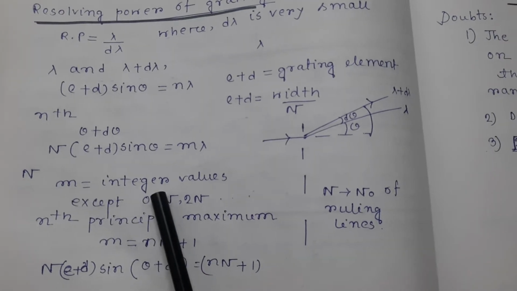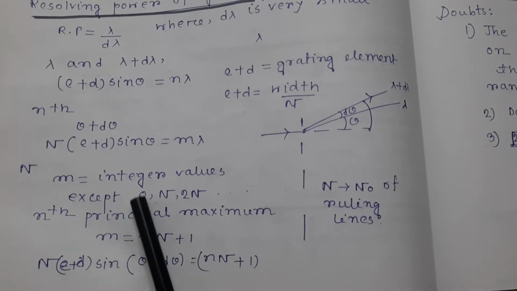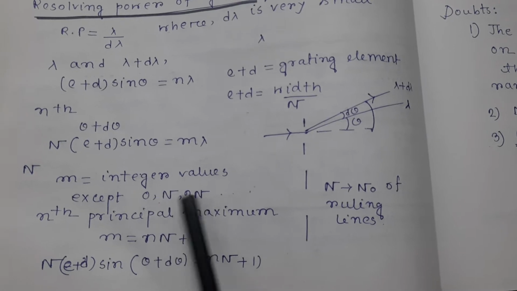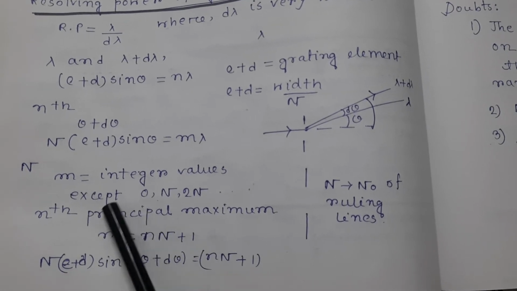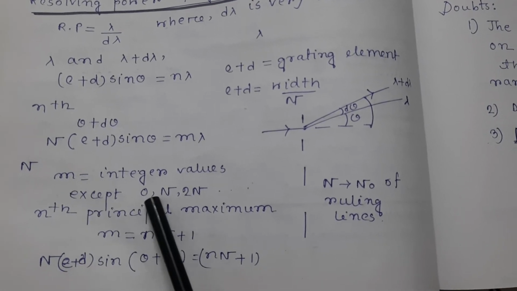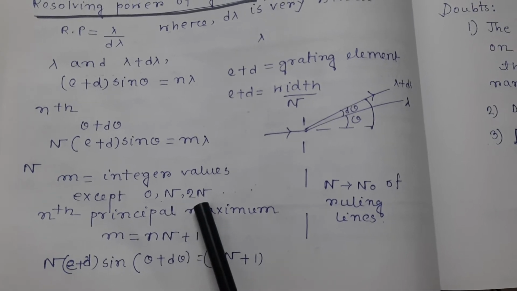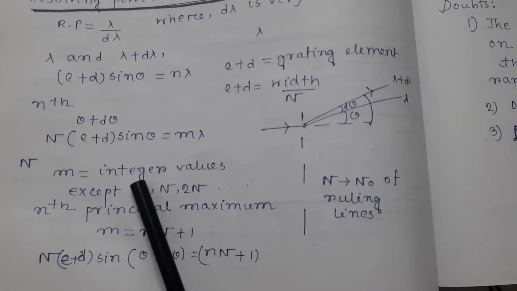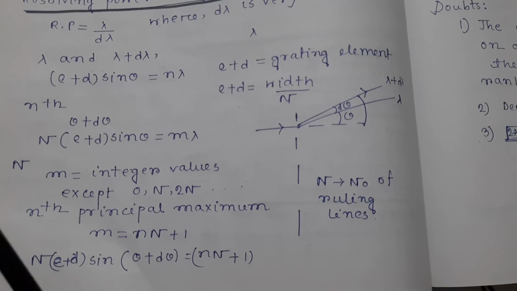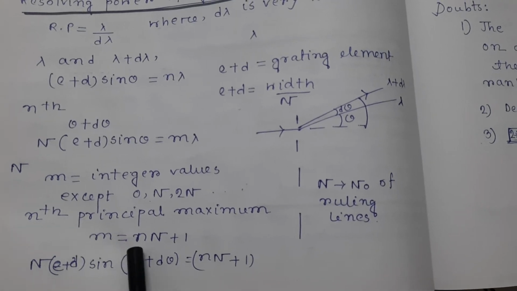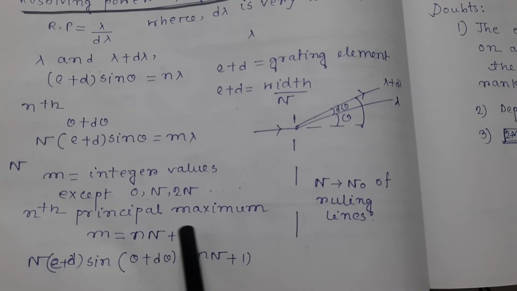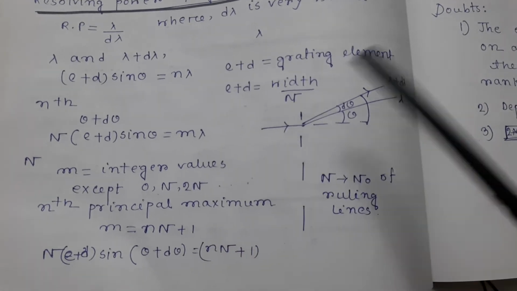Here m takes integer values except 0, N, 2N, because if the value of m is 0, N, 2N, then principal maxima occur. So for the principal maxima, m is equal to nN plus 1.